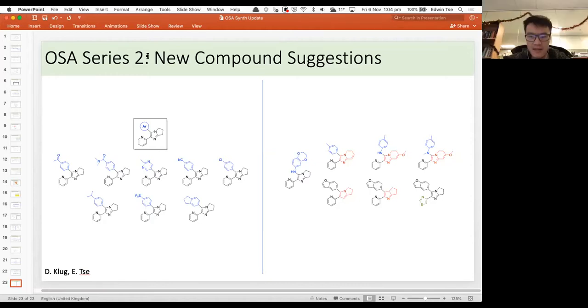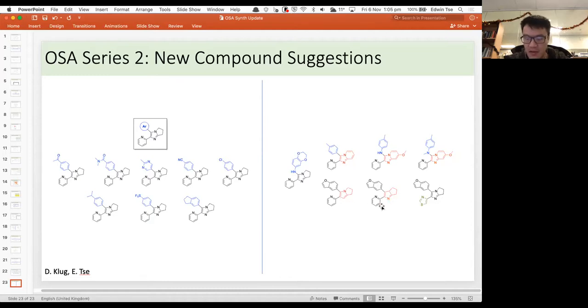And then the rest of them are slight modifications on the main structure. I think Chris suggested this methylene dioxy bridged with the amine. And then there's putting the paramethyl phenyl on the 5,6 core, which we can do.